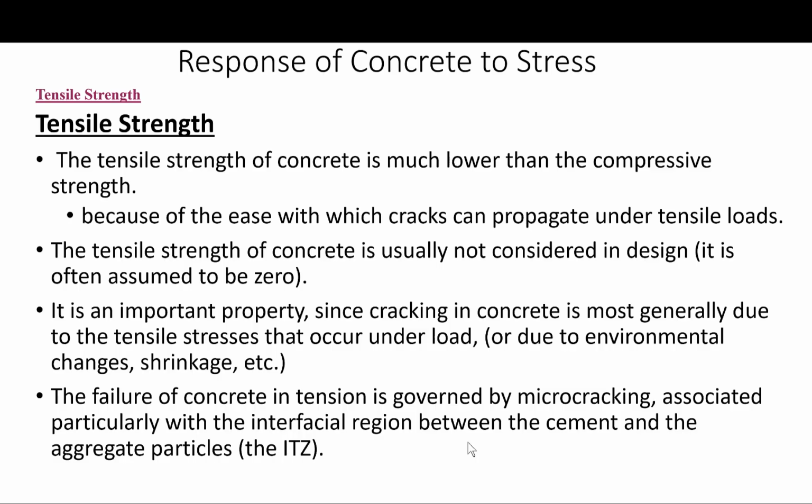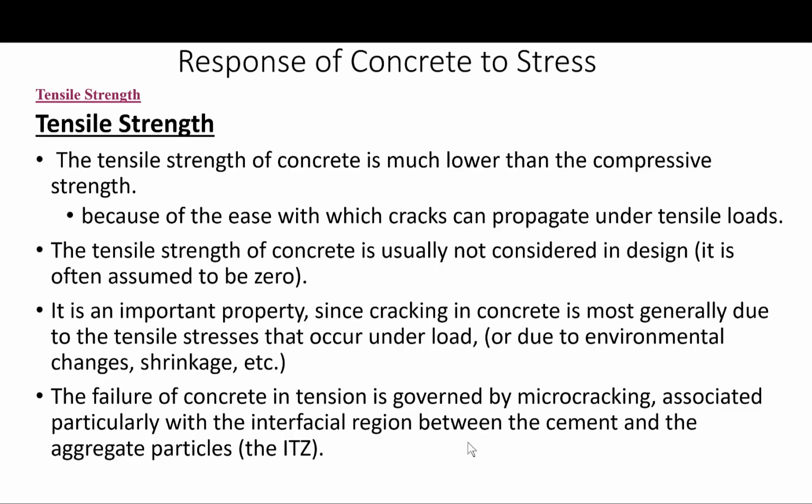The tensile strength of concrete, as we know, is much lower than the compressive strength because basically of the ease with which cracks can propagate under tensile loads. The tensile strength of concrete is usually not considered in design.